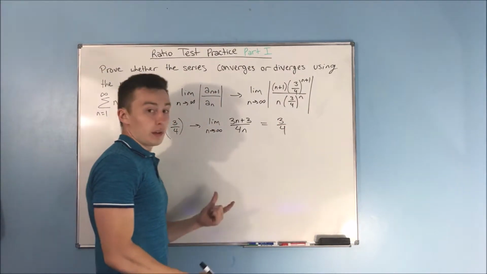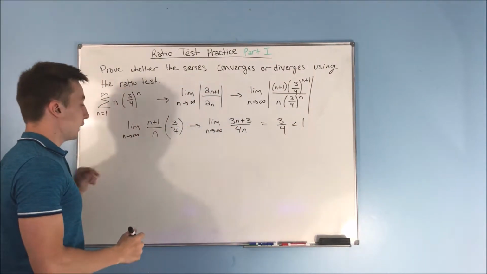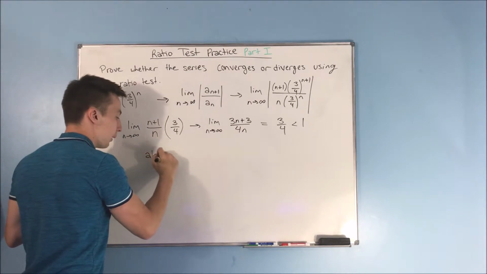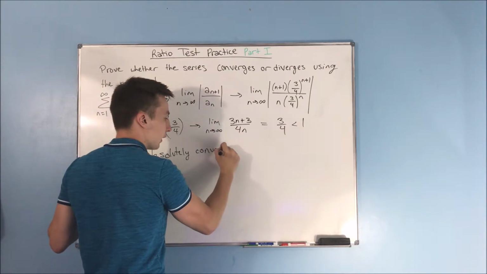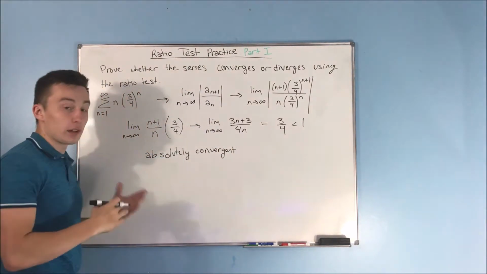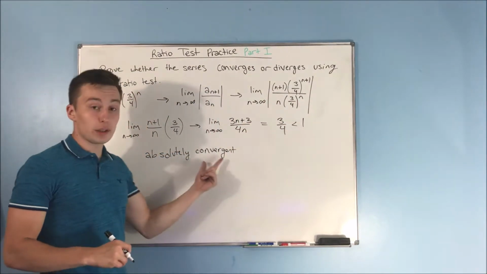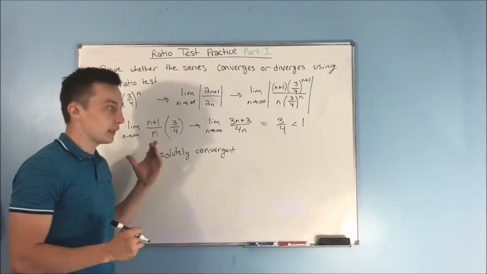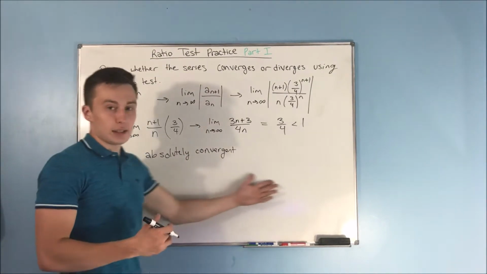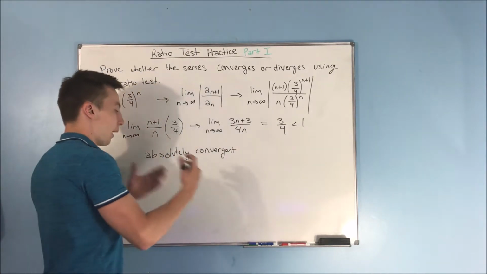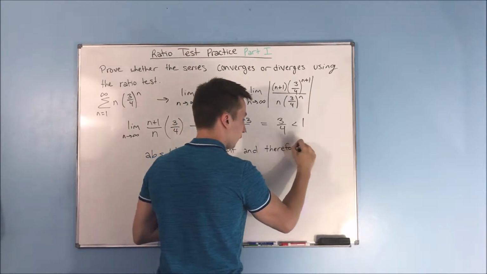Now 3/4 is less than 1, and that means this series is absolutely convergent by the ratio test. Some questions ask just for convergence or divergence, and saying it's absolutely convergent is not the same thing as saying it's convergent, although since it's absolutely convergent, that means it's convergent. You need to say that though: absolutely convergent and therefore convergent by the ratio test.